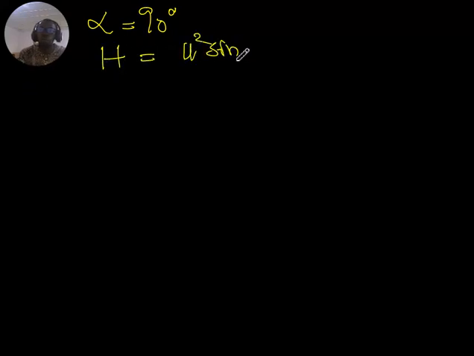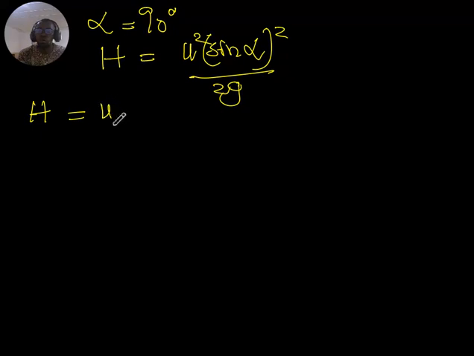So if the angle of projection, let's say alpha, is 90 degrees, then you are going to have h to be u squared sine alpha squared over 2g. That gives h equals u squared, open a bracket, sine 90 degrees squared over 2g.